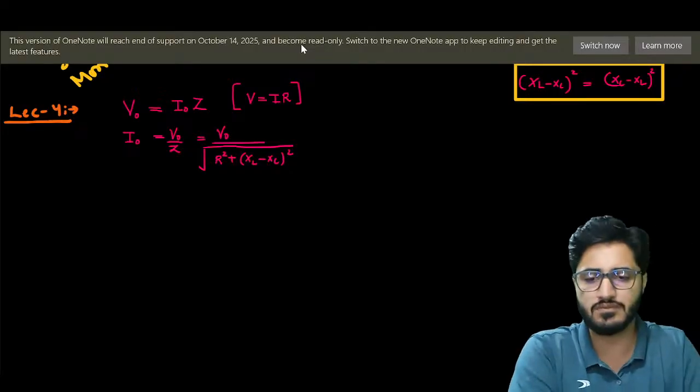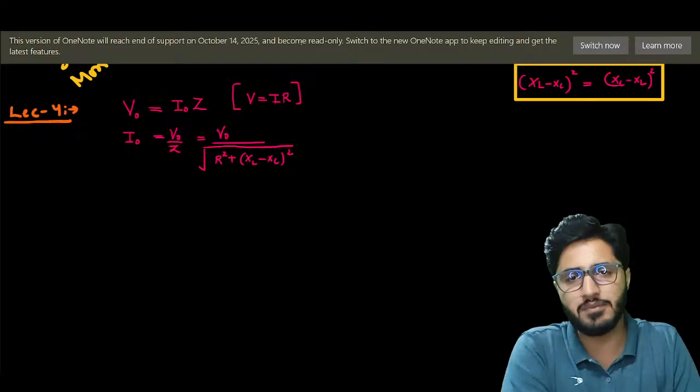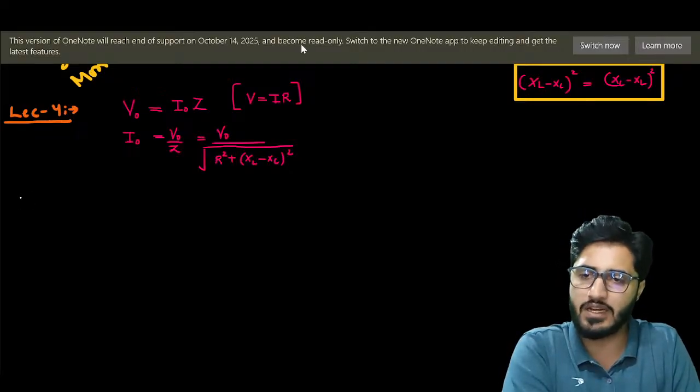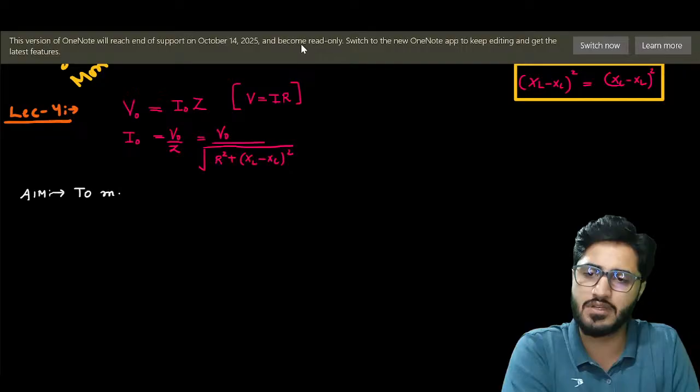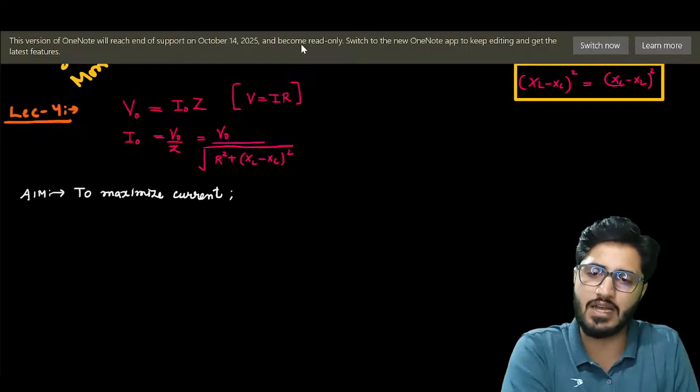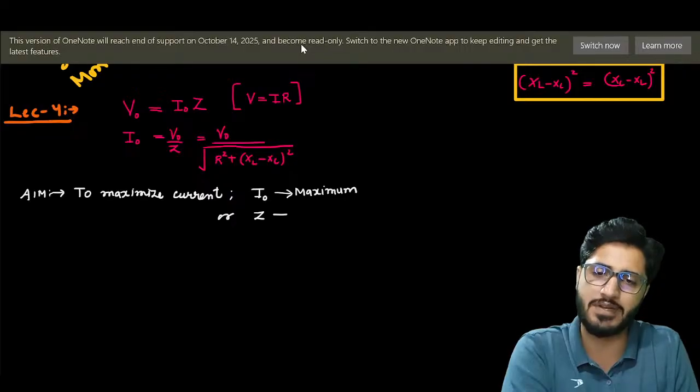So what is our aim? My aim is to maximize the current. So I naught needs to be maximum, or you can say the impedance should be minimum.